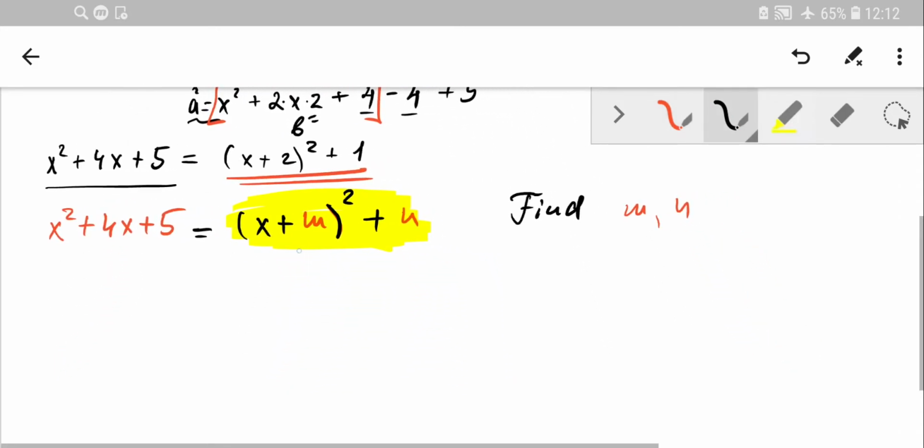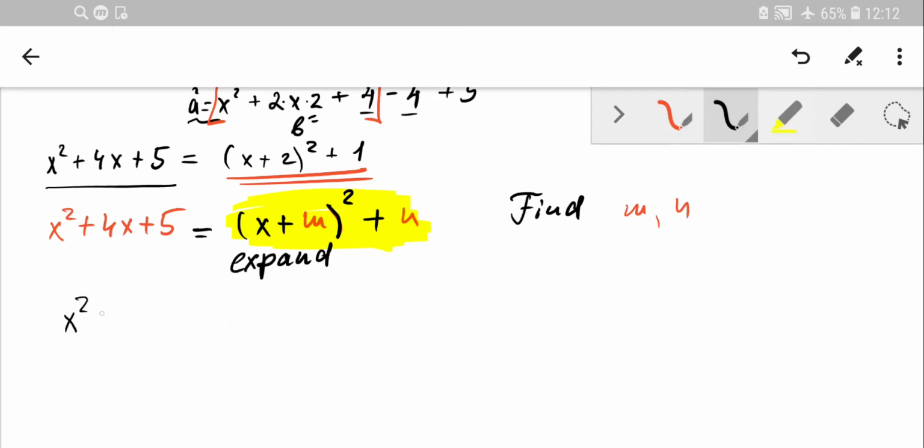So what can we do? We can simply do an expansion. We need to expand the right side and we'll have a quadratic expression. Let's do it. I write x squared plus 4x plus 5, noting that we need to come from here to the complete square. Now, instead of guessing what m and n stand for, we actually know them from the previous method, but let's forget what we did before and pretend that we don't know m and n.